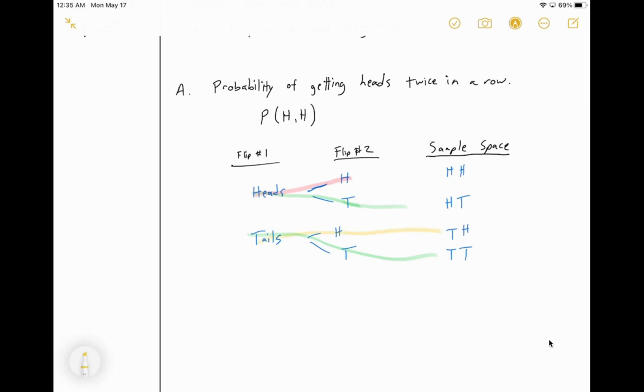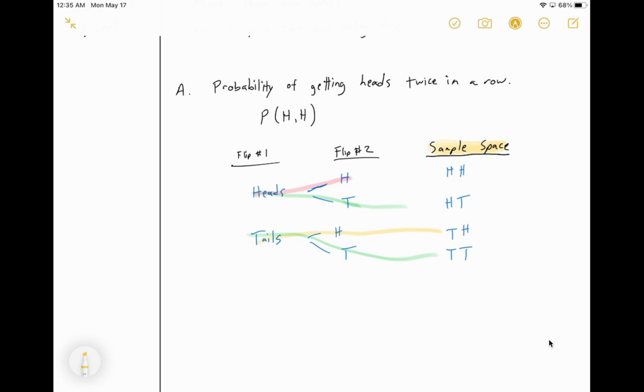So another vocabulary word here is what we call sample space. Sample space is just all the different things that could happen, listed out. So if you've ever seen a question like, is this a part of the sample space? The question's asking, is this one of the possible solutions?